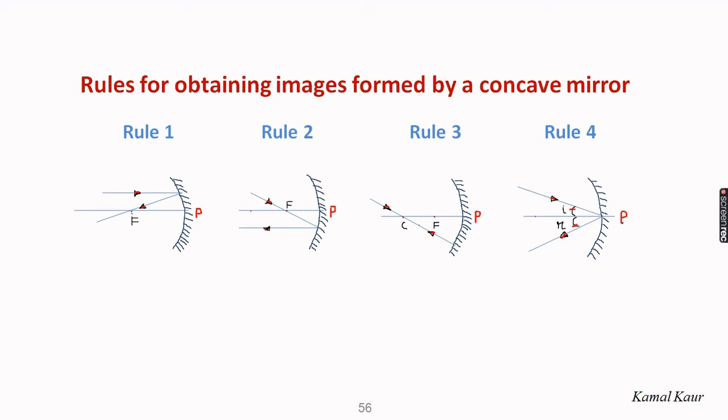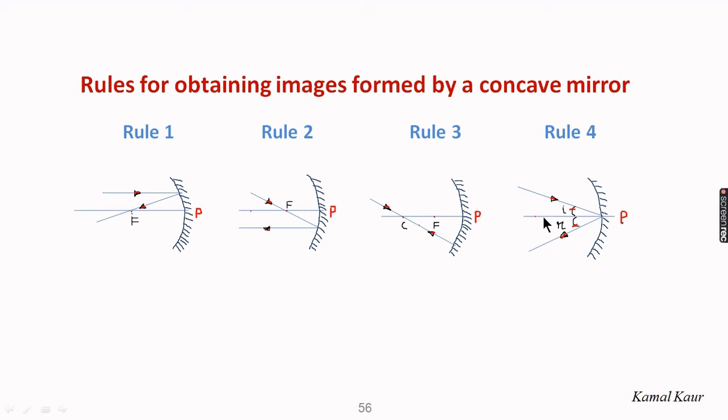Now we need to know why it will retrace its path. We just discussed that any line passing through center of curvature will make an angle of 90 degrees with the circumference. It means for this incident ray, angle of incidence is 0. So angle of reflection should also be 0. As a result, this ray will retrace its path.